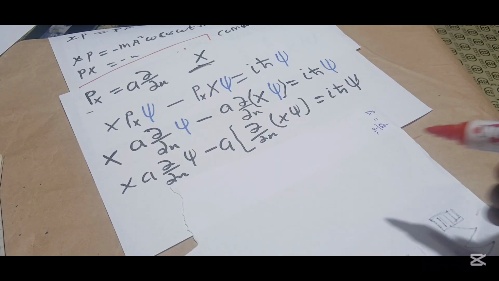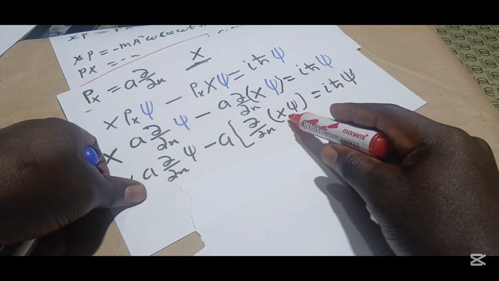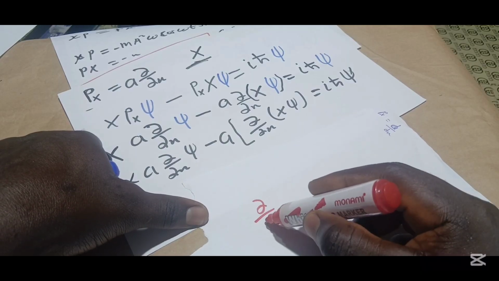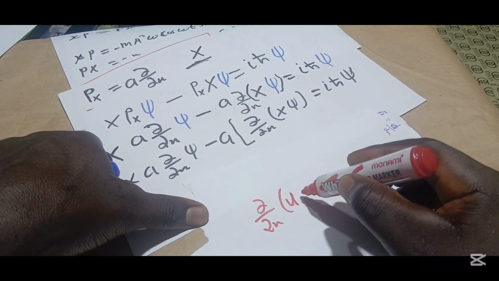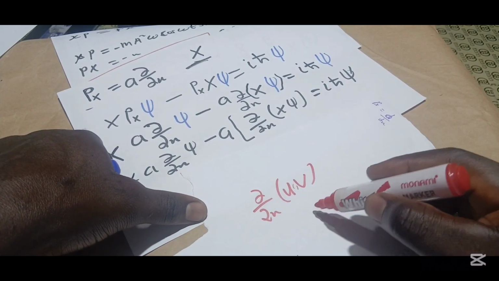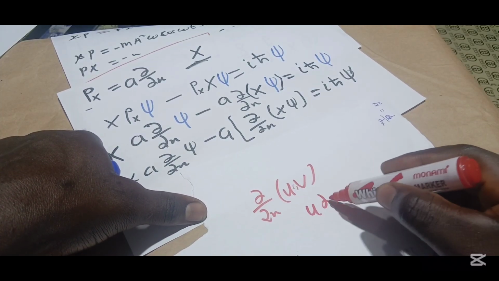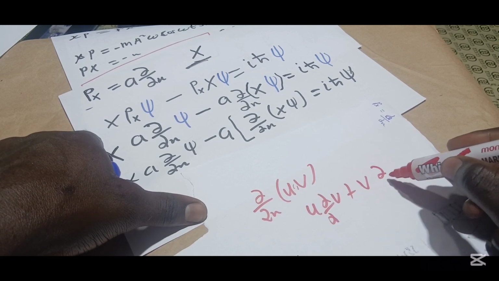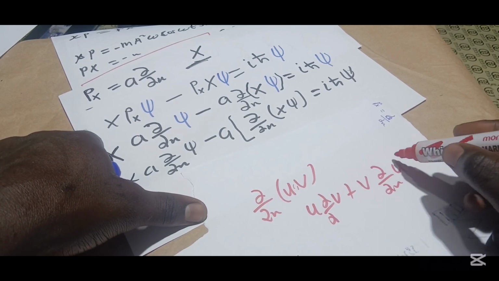We are actually going to differentiate this using the product rule. If we have two functions u and v, then the derivative is u d/dx of v plus v d/dx of u.